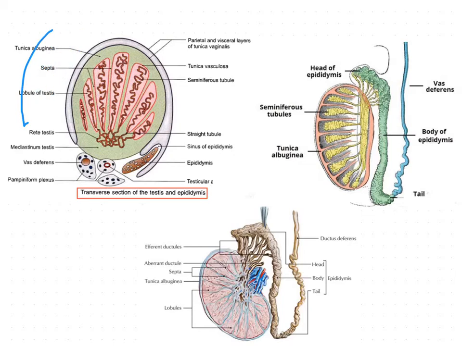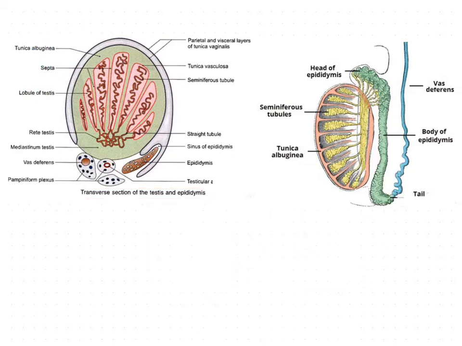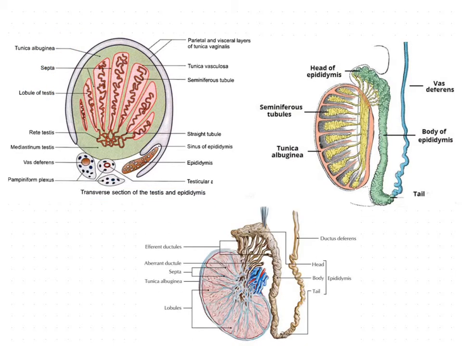Now we will see those additional 3 layers, arranged from outside to inside. The outermost layer is the tunica vaginalis, and next comes the tunica albuginea.